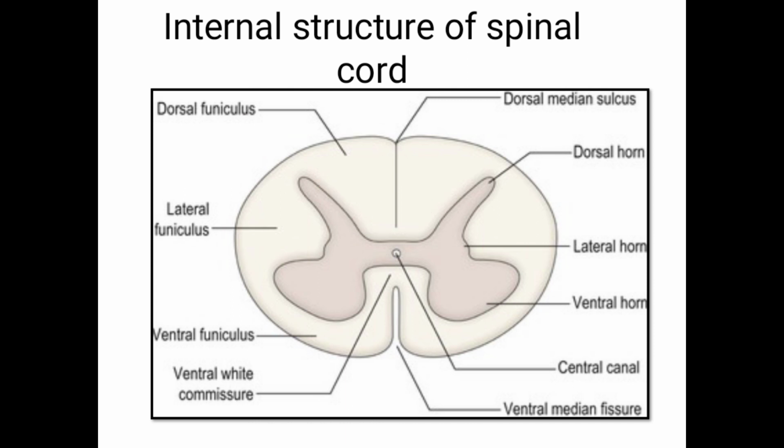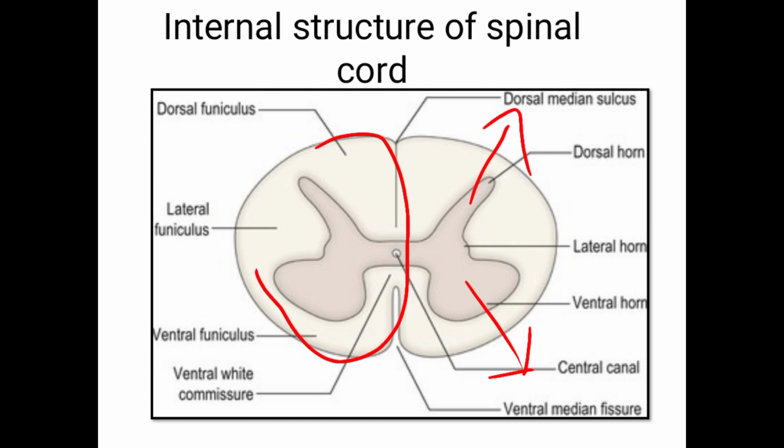Each half of the spinal cord, the grey matter is divisible into two parts. One is called the anterior horn and one more is called the posterior horn.